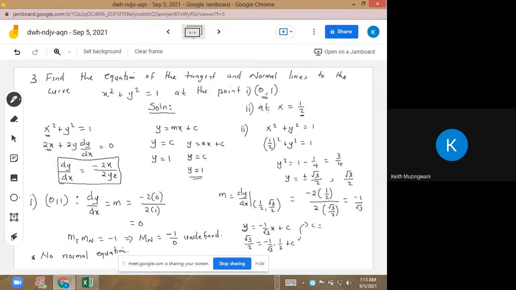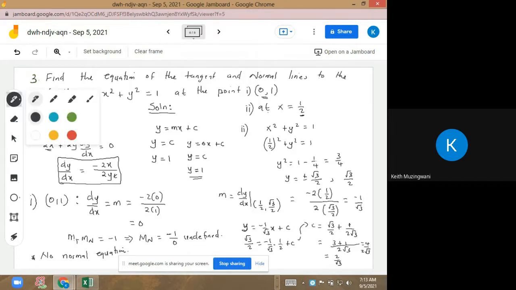We take the other side, so we have root 3 over 2 plus 1 over 2 root 3. We are looking for c. So 2 root 3 as a common denominator, and then here we'll get 3 plus 1, giving us 4 over 2 root 3, which is just 2 over root 3.